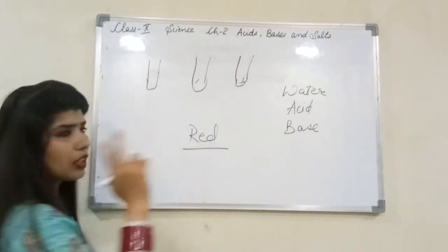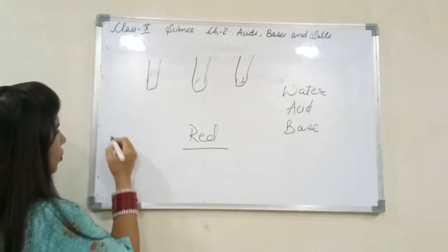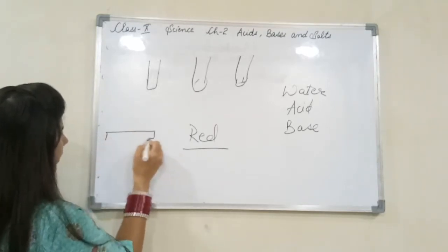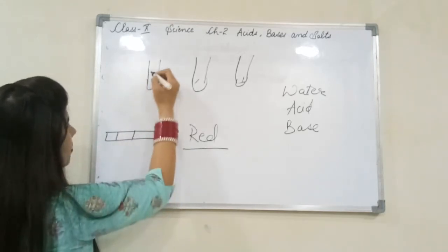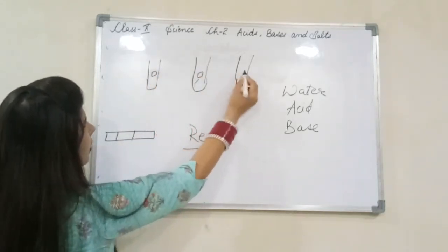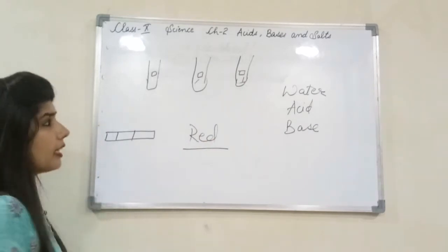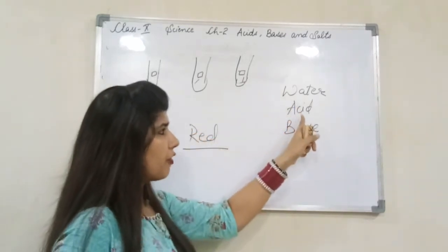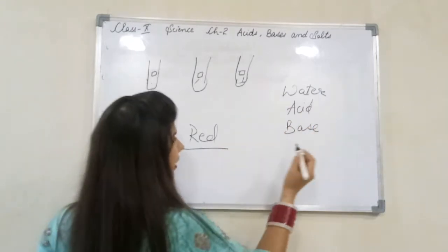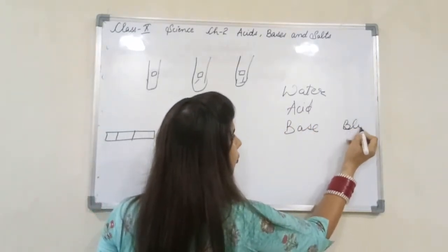Using this red litmus you have to tell which one contains what. So red litmus paper, there are 2 ways to do this question. Either you can make 3, this is a red litmus paper strip. इसके 3 parts कर लीजिए. You can do 3 parts. Put one in this one, another in this one, another in this one. ठीक है? You know red litmus, if in the presence of base, this red litmus paper changes to blue.